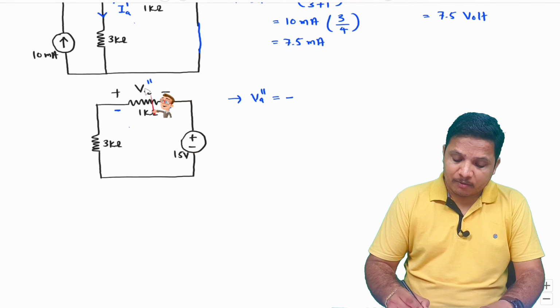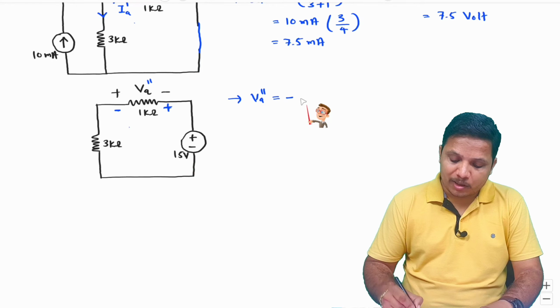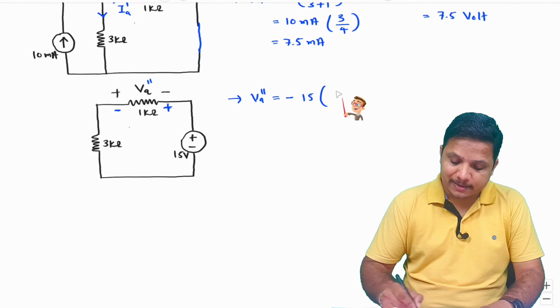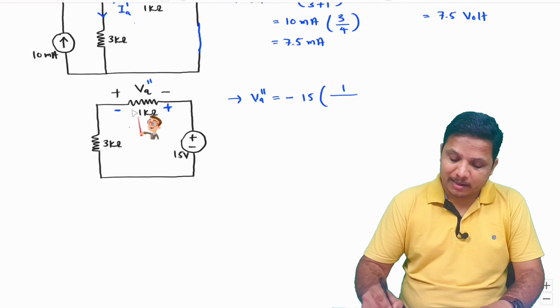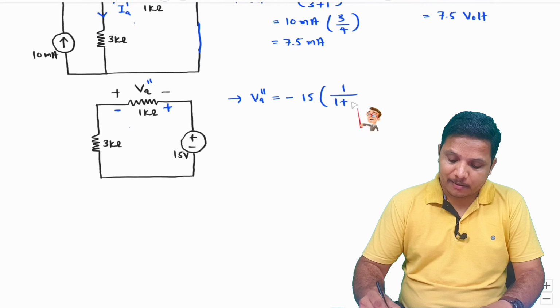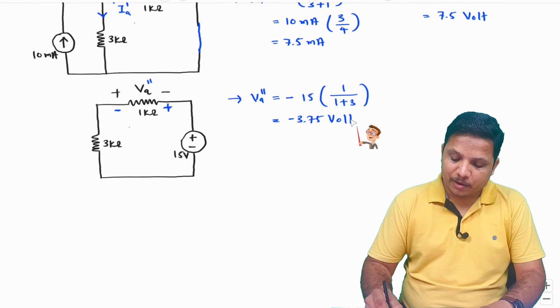Now what is the value? That will be as per the voltage divider rule. So total voltage 15 into that resistance, that is 1 kilo ohm, divided by the total resistance, 1 plus 3. So I get 15 by 4, that is minus 3.75 volts.